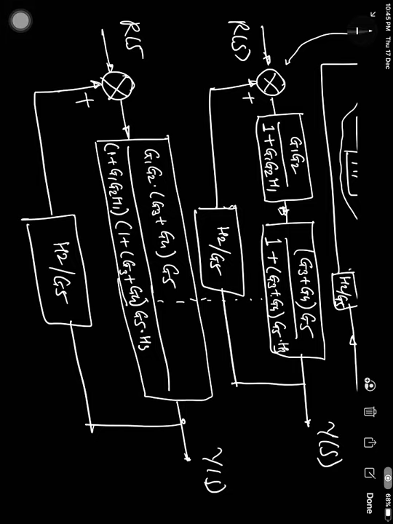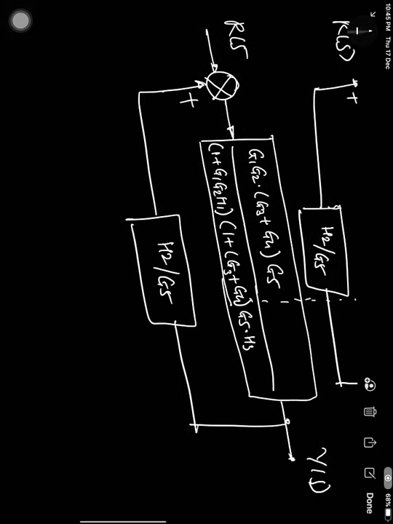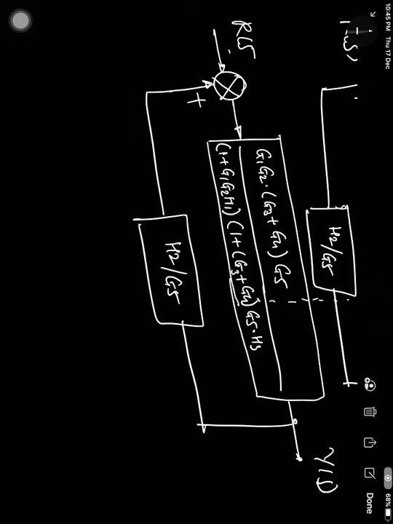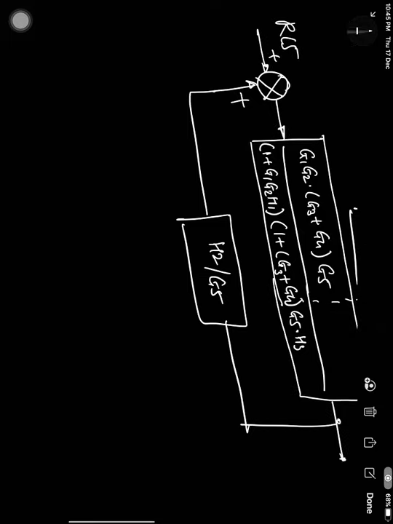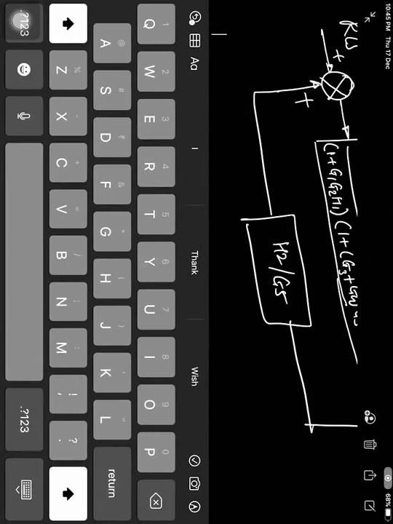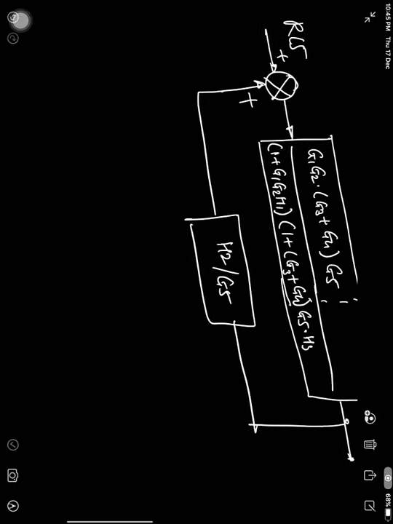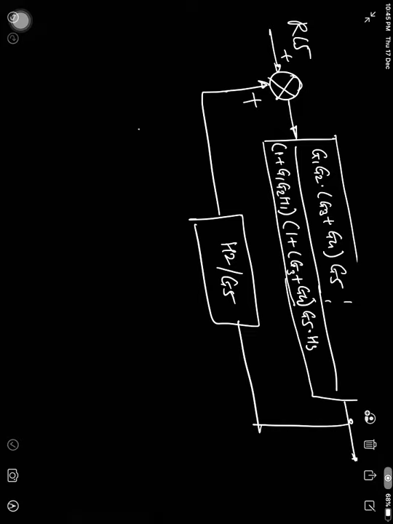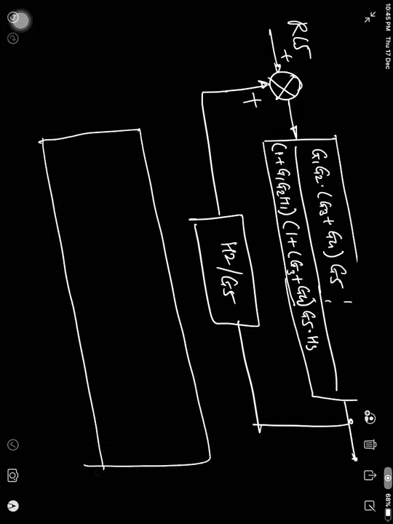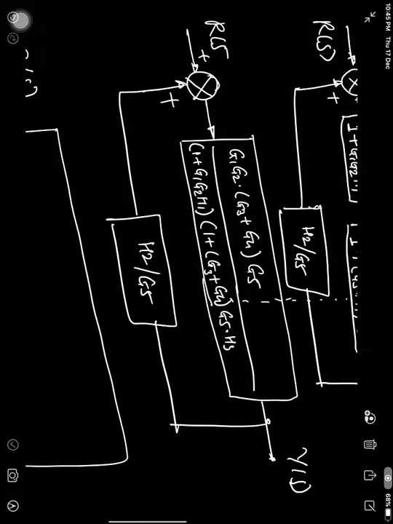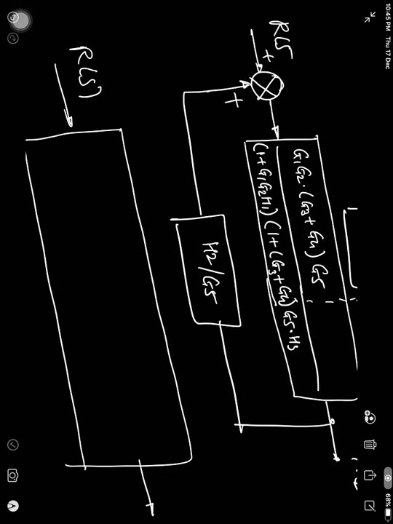Now we have got only one control loop system, that is closed loop system. What we'll do, we'll try to find out the equivalence of this particular. So I will draw a big block of which input is RS, output is YS.